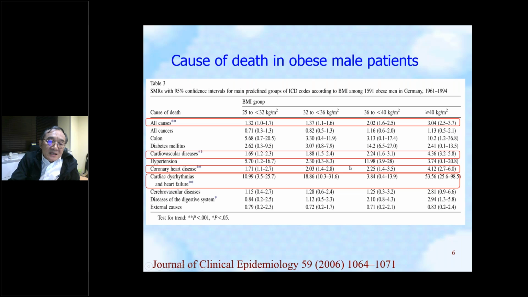So this is probably the number one target we need to look at for outcome. For those with BMI more than 35, cardiovascular disease, especially coronary heart disease, heart failure, or cardiac arrhythmia, is all higher along with the BMI.